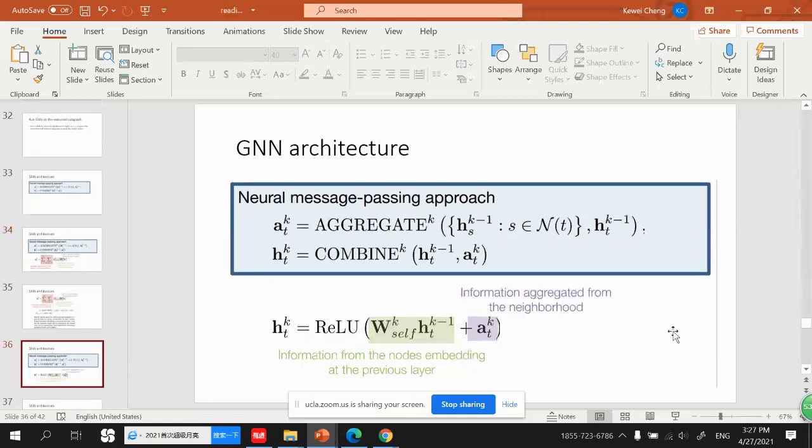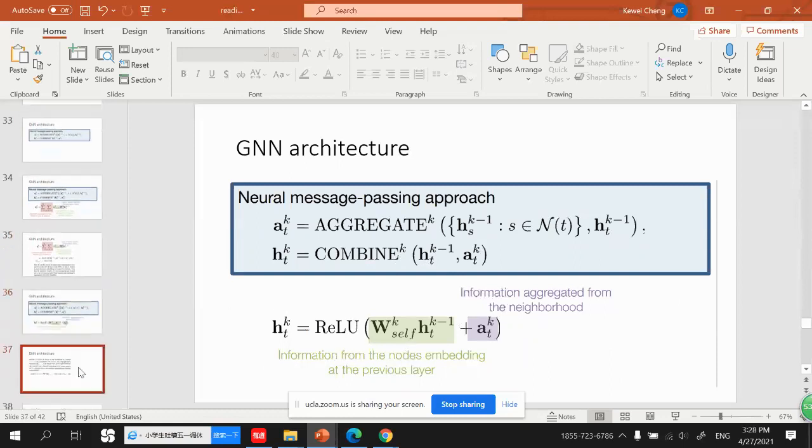And then after we aggregate all its neighbors and include the relation-specific information in the newly learned embeddings, we combine the information from the node embedding at the previous layer with the information aggregated from the neighborhood, and then update the embedding of the node.